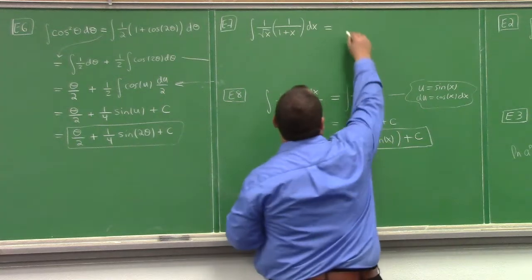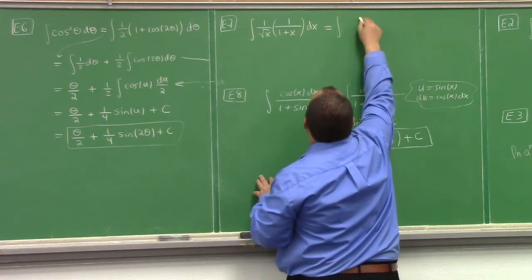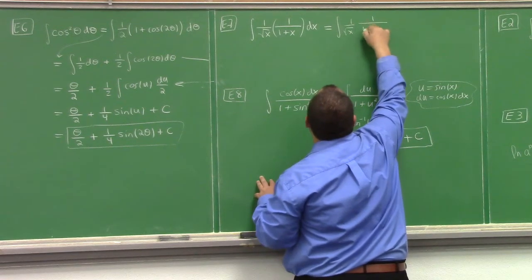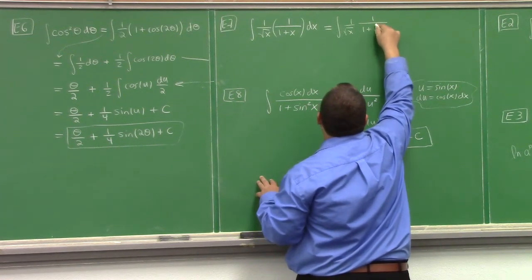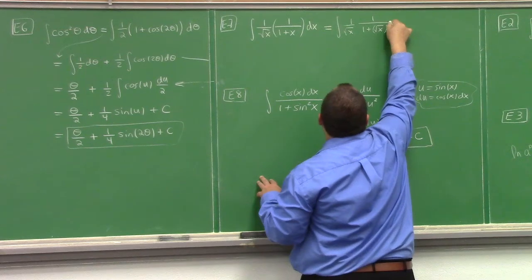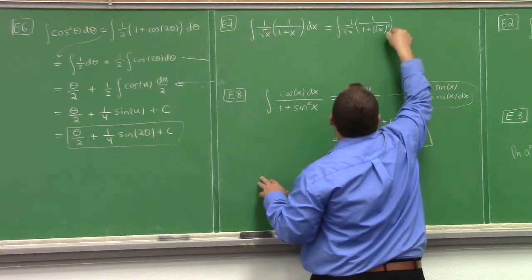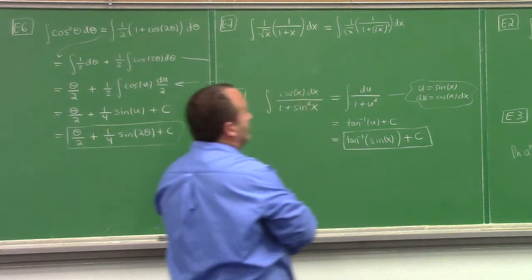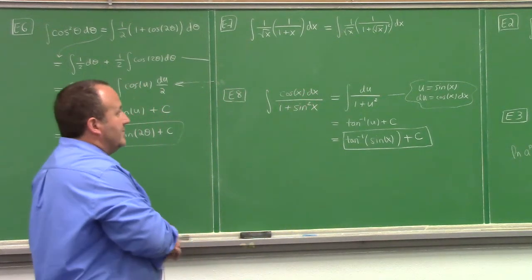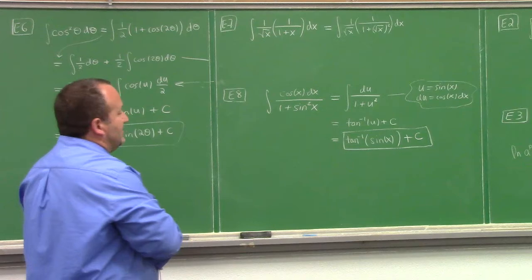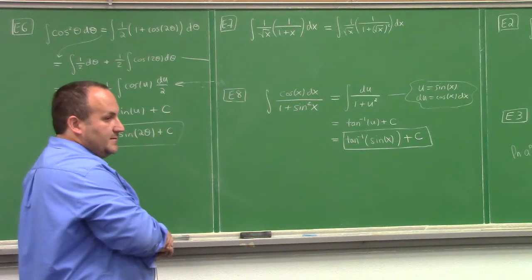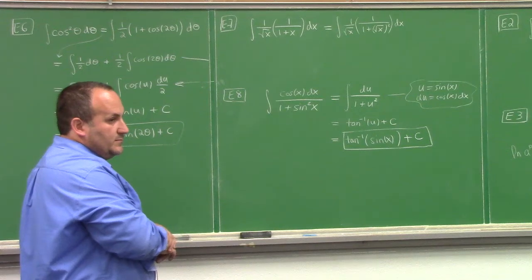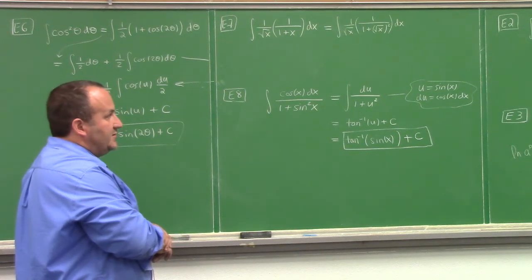I'll make another step for you guys. This is the integral of 1 over square root of x, 1 over 1 plus the square root of x squared, because I want you to see that you can think of that as 1 plus something squared. Which means maybe we can use an arctangent.